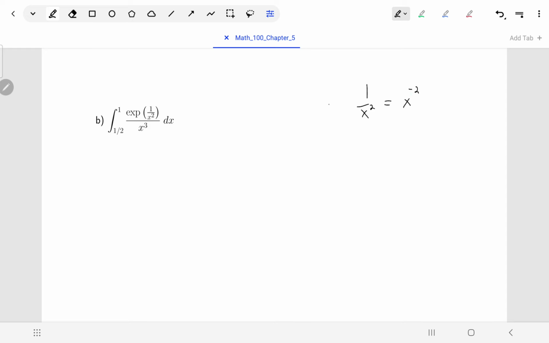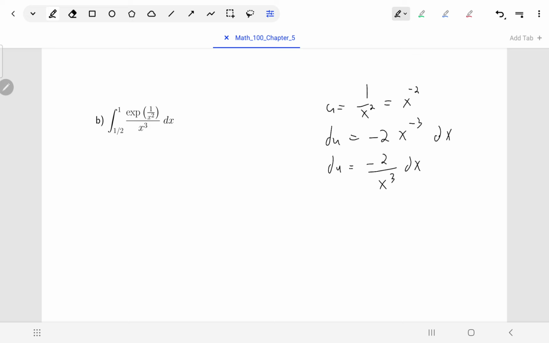So that's making me feel like I should be using this as my substitution. I should let u be 1 over x squared, which is x to the negative 2. So du would be, the power would come down, the power would reduce by 1, dx. Or in other words, du is negative 2 over x cubed dx.